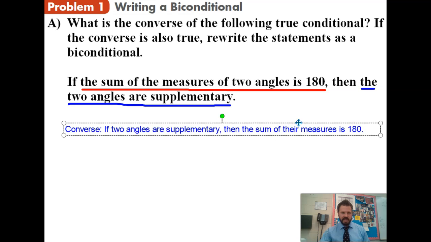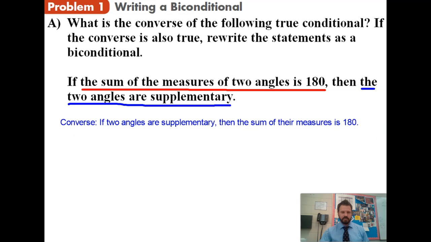That's the converse of the conditional I'm given. Now, if the converse is true, we can write a biconditional. In this case it is true: if two angles are supplementary, then the sum of their measures is 180.